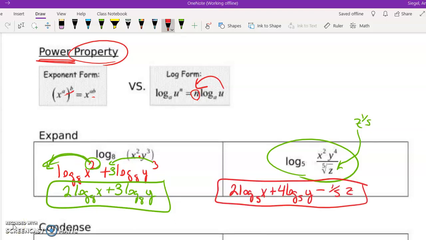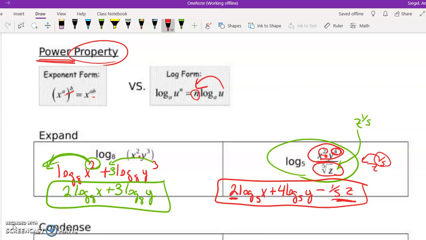Okay, so the first thing I want you to notice is that these two are being multiplied together, and then this one we're going to subtract. So also this has an exponent, so that's going to leapfrog out in the front. So I have 2 log base 5 of x, and then 4 log base 5 of y, minus, and remember this is z to the 1/5 power, so that 1/5 is going to leapfrog out in front.